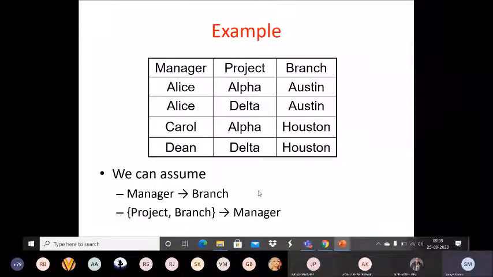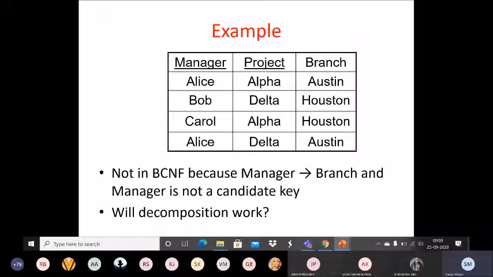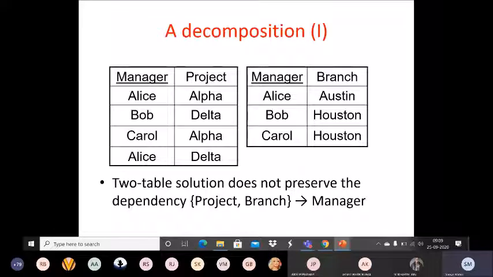But from the next example, it is not in BCNF but it is in 3NF. Here we have tried not to incorporate any other attributes; we will go with the basic. We have divided this table into 2 parts, and it has lost its original functional dependency.